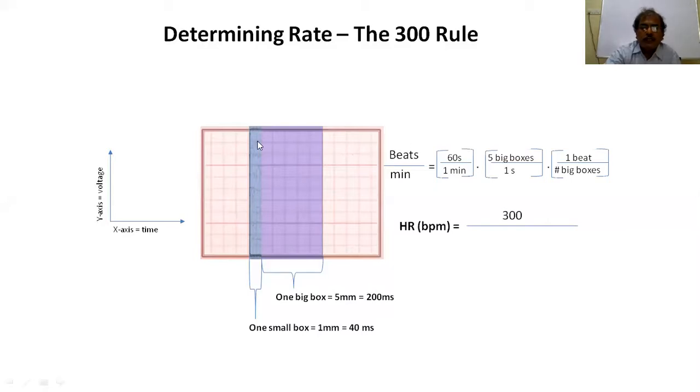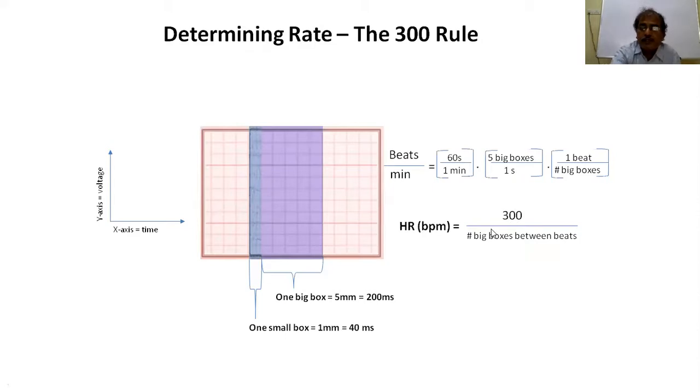The time needed for 1 minute is 60 seconds, and in 1 second, 5 big boxes are covered. So 5 times 60 is 300, divided by the number of big boxes between the beats. So this is how to measure.